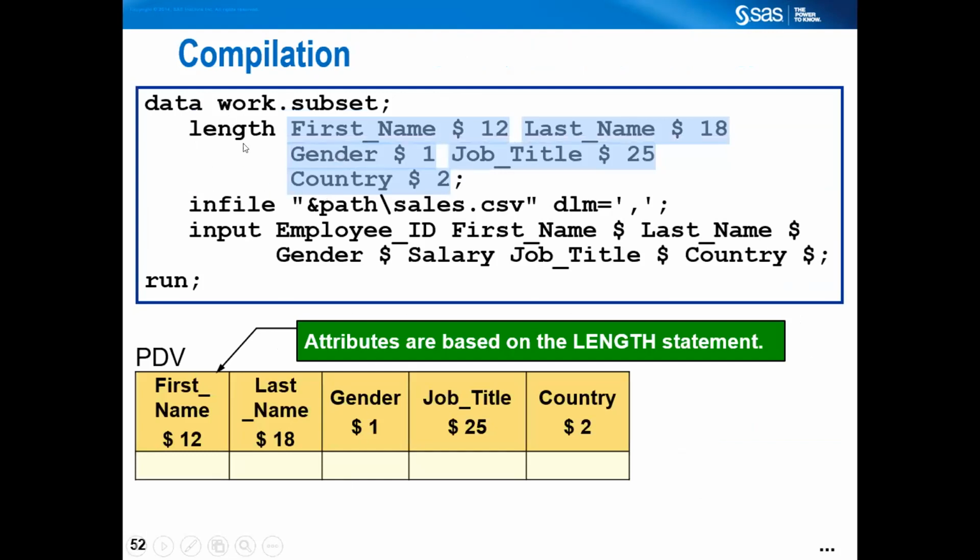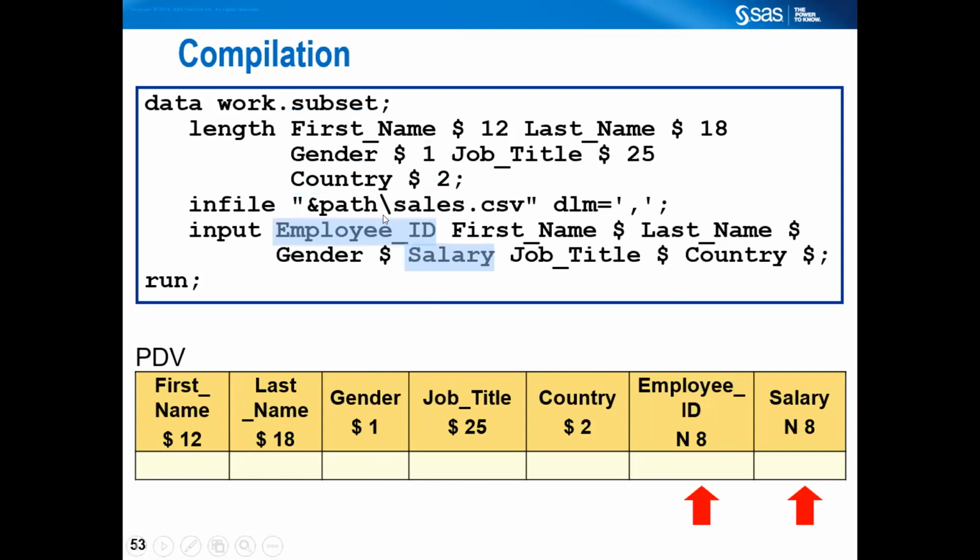During compilation, when it hits length, for your columns, accordingly the columns are created and the length is defined. Got it? So attributes are based on the length statement, and then when it hits your input, remaining columns get added to the buffer and those attributes get added. अब समझ में आया?